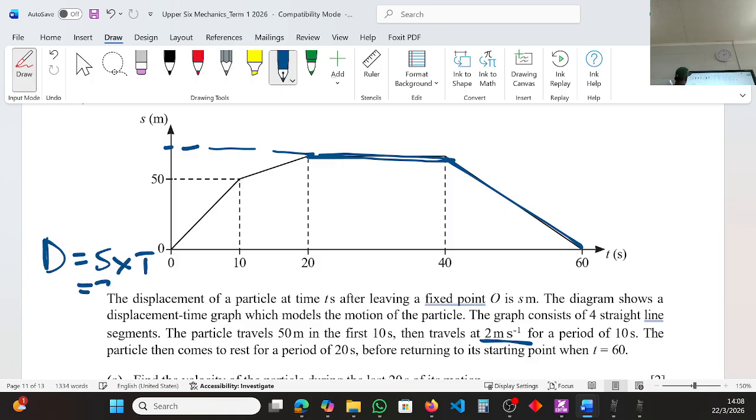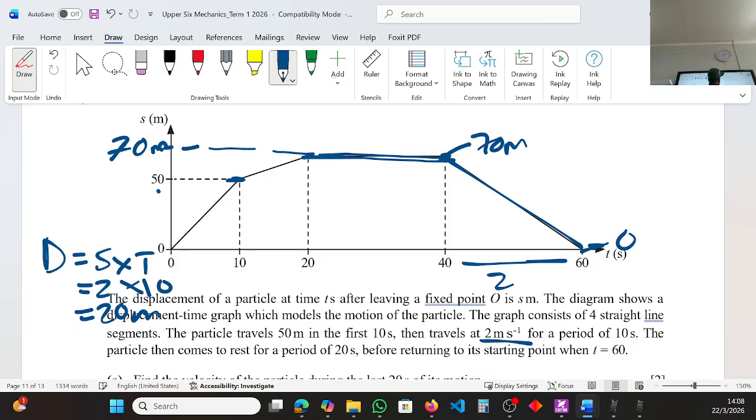So our speed there is 2 and our time is 10. So from this period up to there, it traveled 20 meters, implying this is going to be 50 plus 20. That's actually 70 meters. So what we know is here it's 70 meters and finally it's 0. And the time frame here is 20.